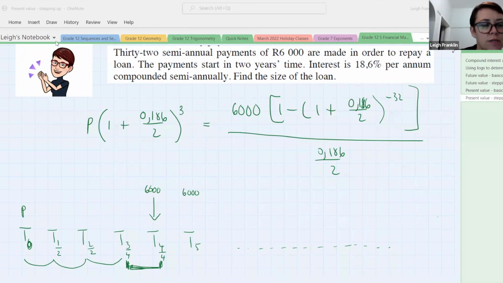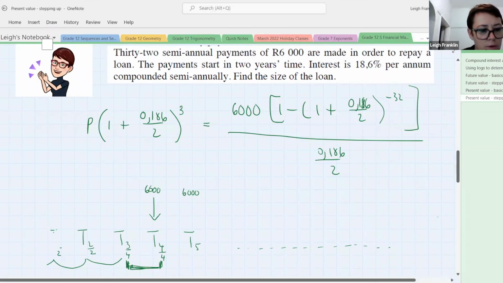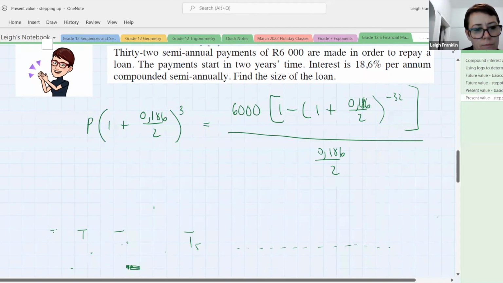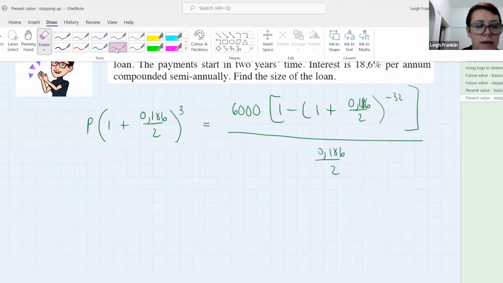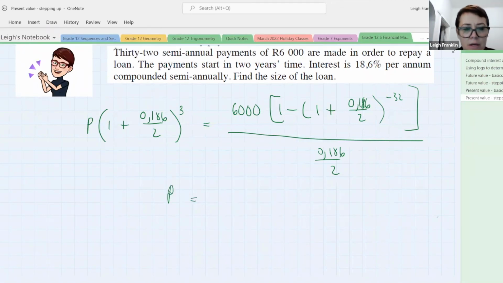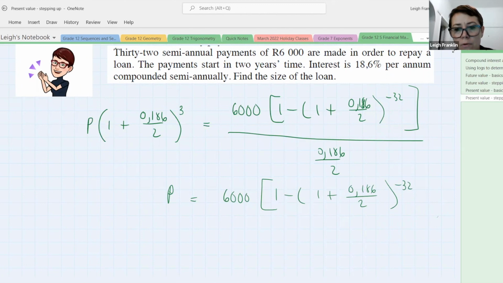Okay, so let's just get rid of that, and we would then say that P is going to be equal to this, and then that must be all over this.